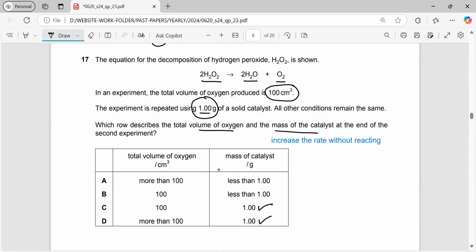It just increases the rate of the reaction, meaning the reaction will finish earlier, but the volume of oxygen will remain the same because we have kept all the other conditions the same. The volume of hydrogen peroxide was also the same, so the oxygen which we get will also be constant. So the total volume of oxygen will be 100 and the answer is C.